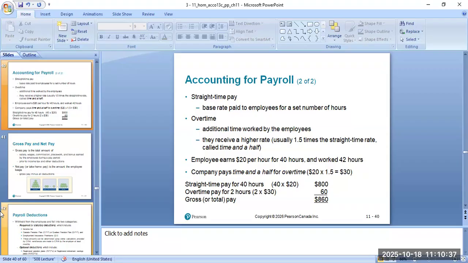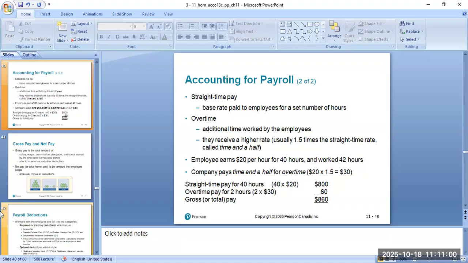So let's see this, over 40 hours on the payroll over the week. Actually, it's 80 hours over the pay period, if it's paid over 2 weeks. So if one week you work 42 hours and the next week you work 38 hours, then you don't have overtime. You're not entitled to 1.5.